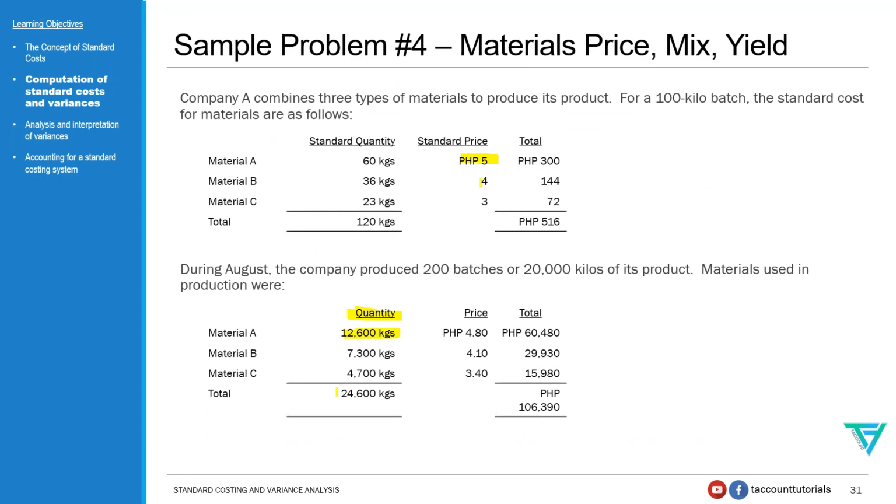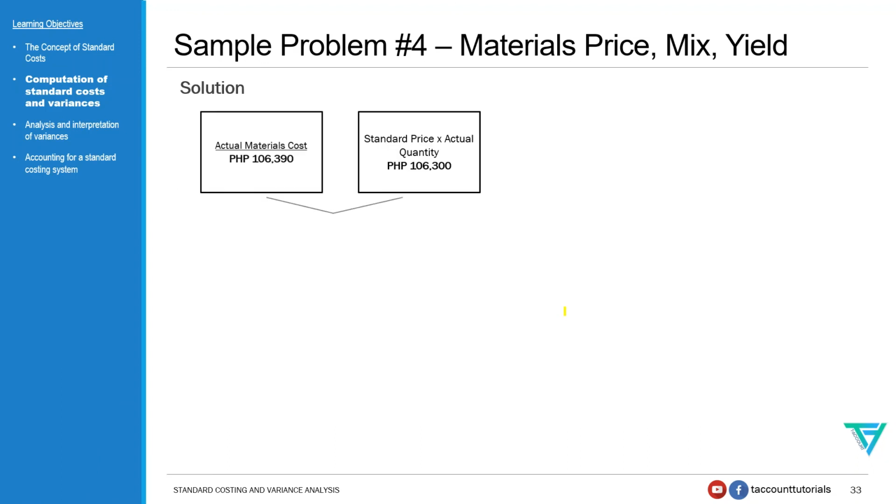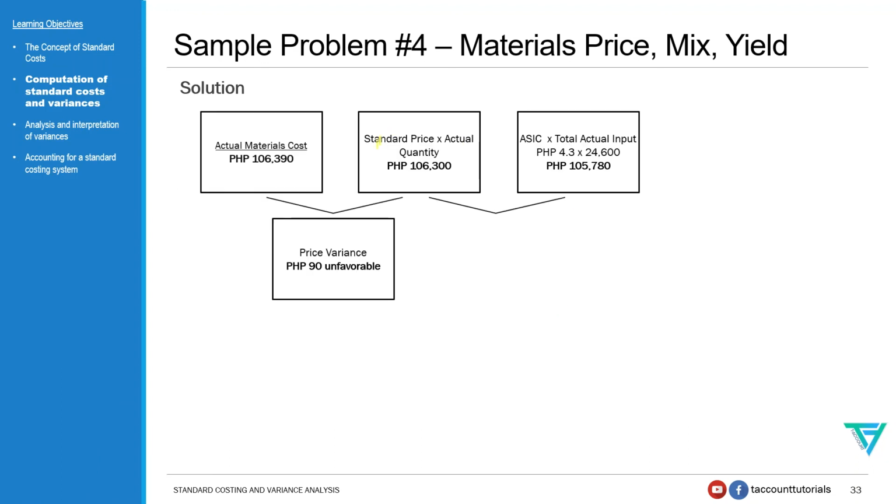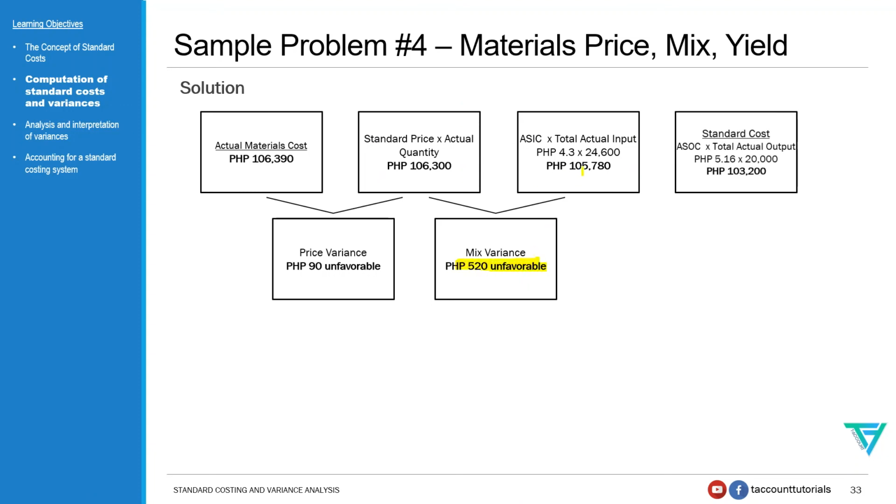Basically this one, the actual quantity of inputs. Next we compute the material mix variance, which is the difference between this amount and this amount, which leads to a 520 unfavorable variance.